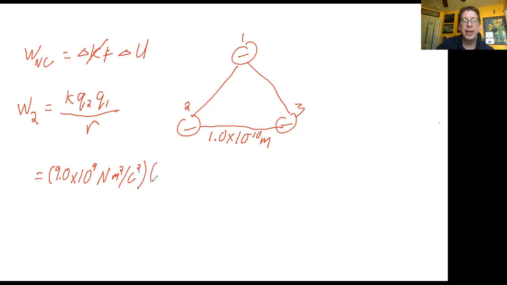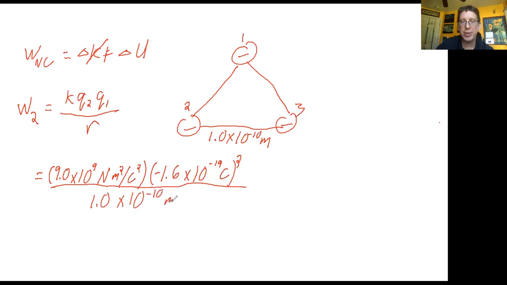And then Q2, and so they have the same charge, both electrons, so it's negative 1.6 times 10 to the negative 19 coulombs. You're squaring that term, so the negative will cancel out. And you're dividing by 1.0 times 10 to the negative 10 meters. Now keep in mind that you're not squaring the denominator.